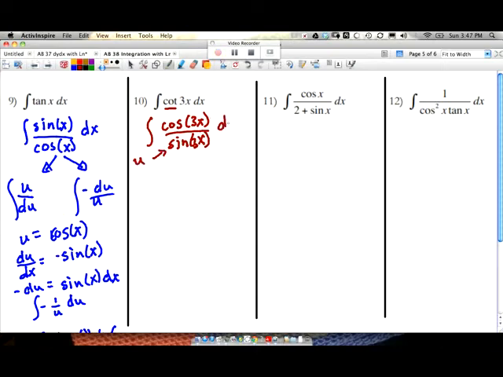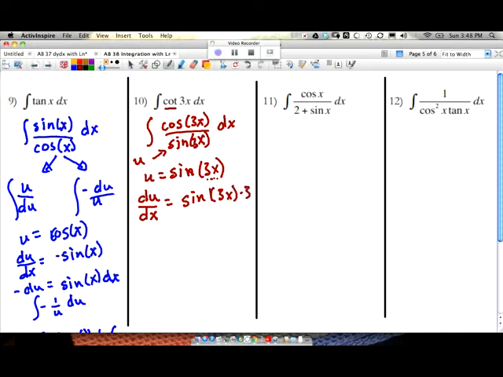So u is going to equal sine 3x. Do keep in mind that now when we do our du dx, because we're going to need that part for the substitution as well, we are going to have a chain rule here with this 3. So it's going to be sine 3x times 3.